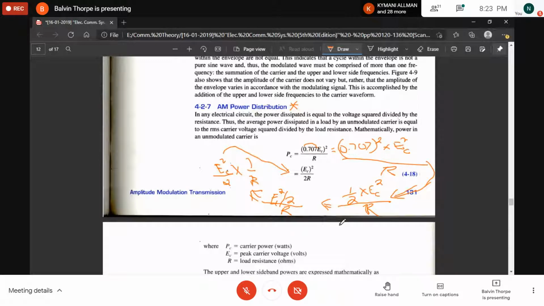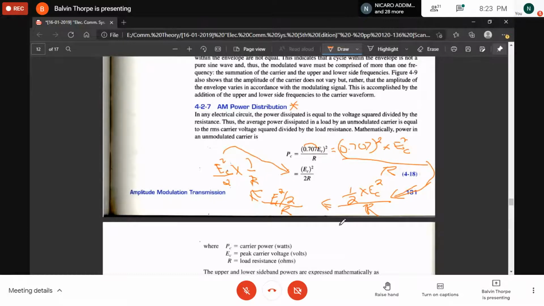You realize we had a carrier and we had two sidebands, right? Yes, sir. So this part is telling you about the power in a carrier, but for the total amplitude modulated wave, we need to find the power in the carrier, plus we need to find the power in the sidebands, right?